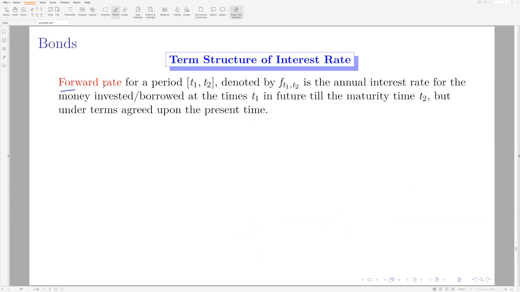A forward rate for some period T1 to T2, so we are at T equal to 0, that is the present time. And then you have 1 year, 2 year, and so on, and then you have T1, T2. T1 to T2 can be any number, it can be 1 or 2 or any number. Now we are here and we know that we want to invest our money during this period.